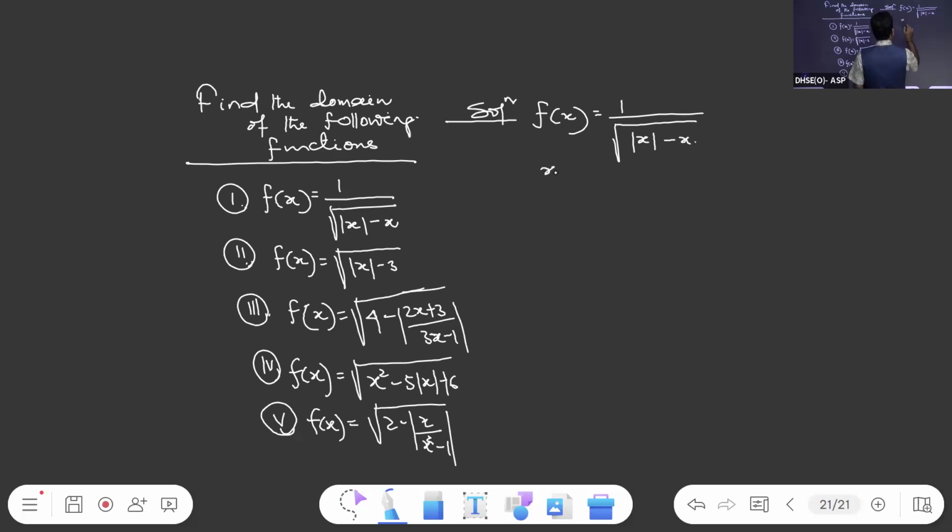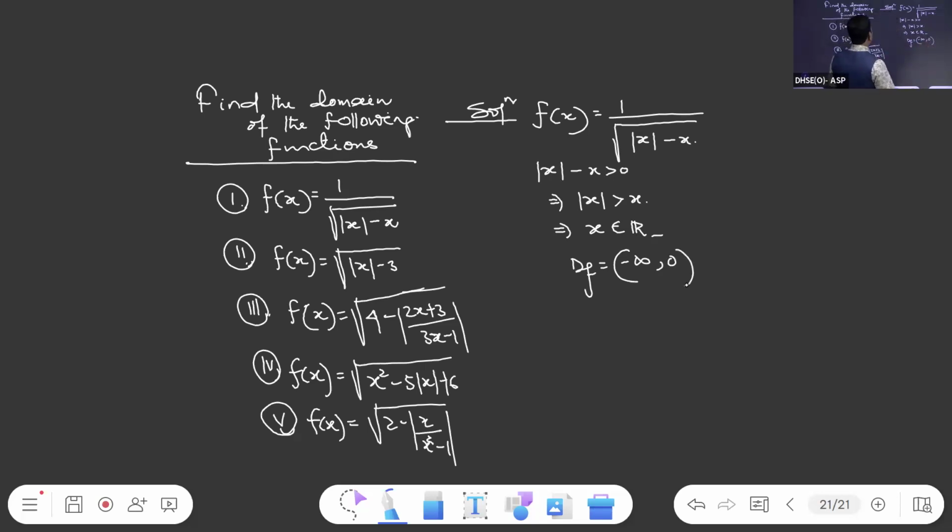So mod x minus x greater than 0. This implies mod x is greater than x, which is possible only when x belongs to R minus the non-negative real numbers. So the domain of the function is minus infinity to 0. Okay, this is the answer to question number 1.